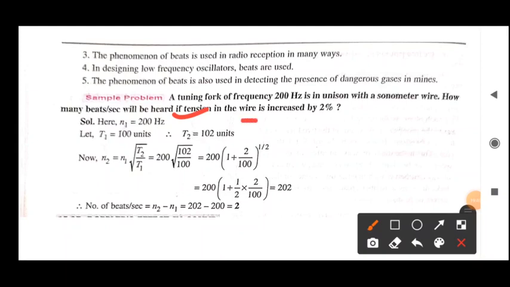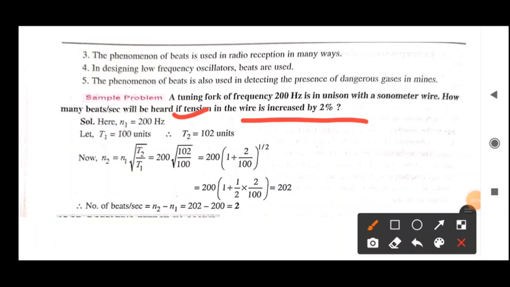The reason is that it is given that the tension in the wire is increased by exactly 2%. So if the tension T1 is supposed to be 100, then the tension T2 will be 102 units, because it is increased by 2%.